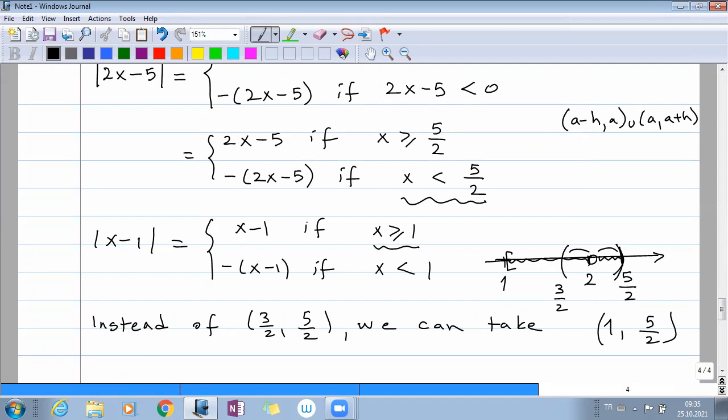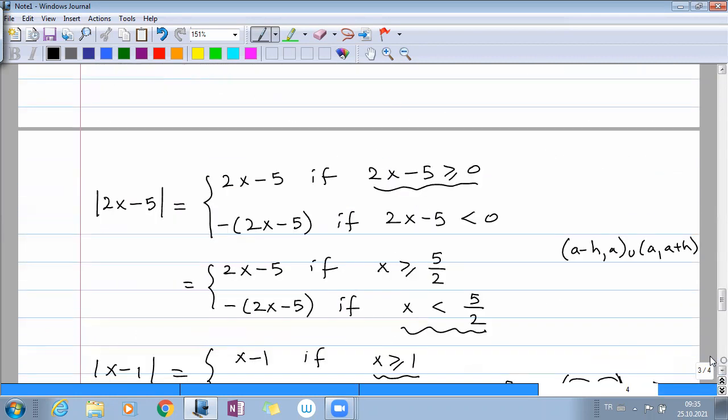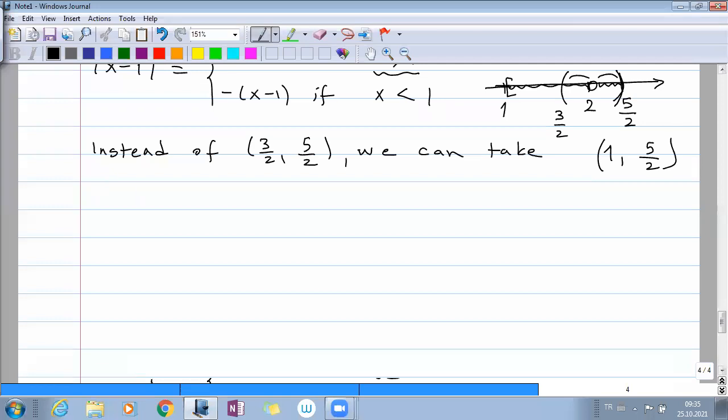In this example, you don't have to take 5/2. You can also take 1.98, 2.01. Any small interval around 2.